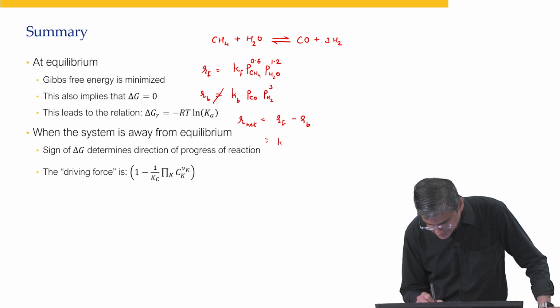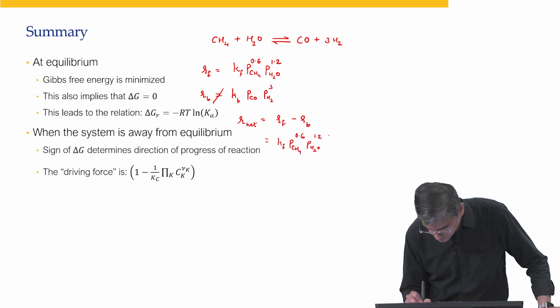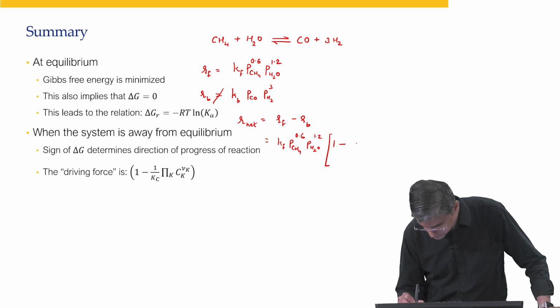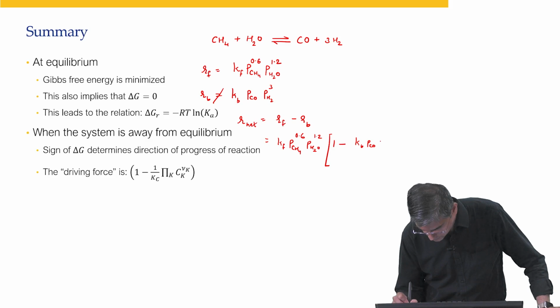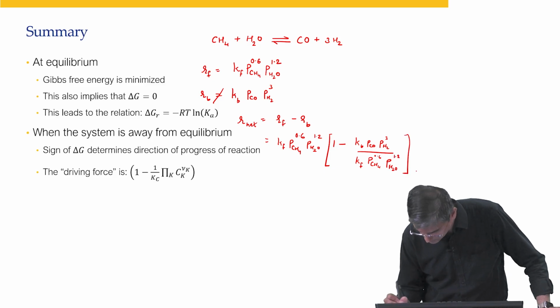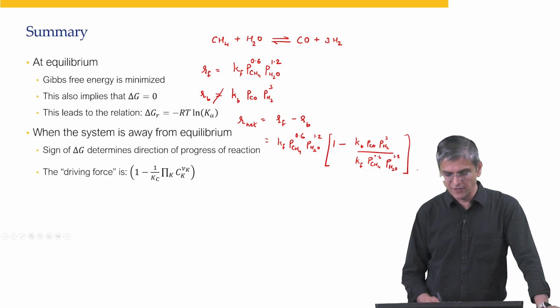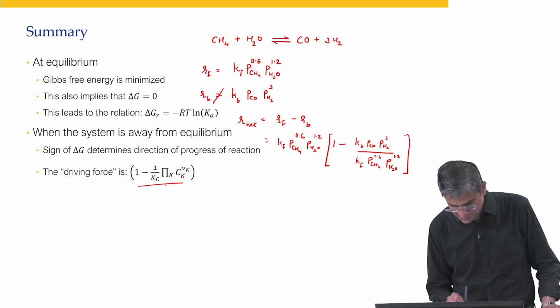So, if you write this as K forward multiplied by P CH4 to the power 0.6, okay, this will violate this particular form.